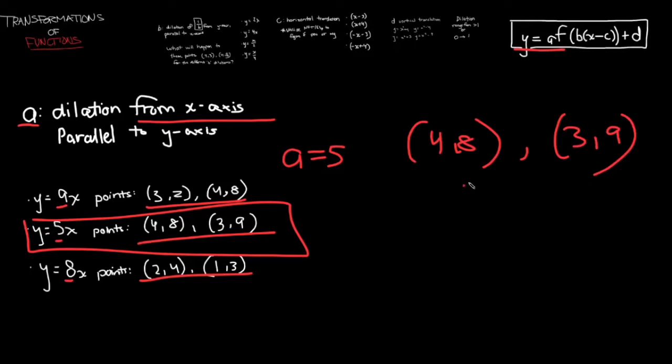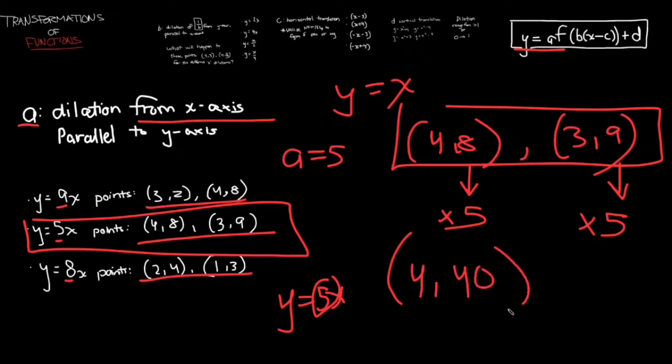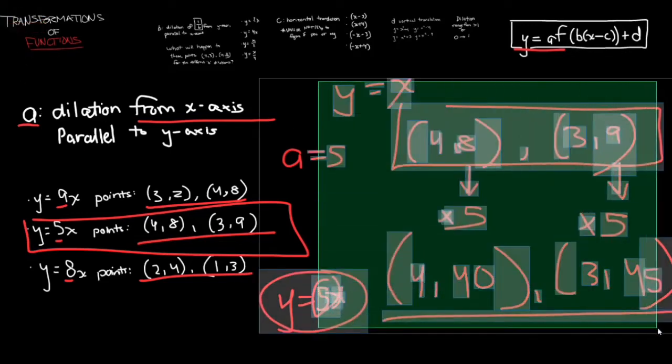So basically what you do is just times the y coordinate, multiply by 5, multiply by 5, and then the new equation from these coordinates, from y is equal to x, the new equation of y equal to 5x, which is the new transformation of 5, has resulted in coordinates being (4, 40) and (3, 45). So these are the new coordinates after the transformation of a is equal to 5.